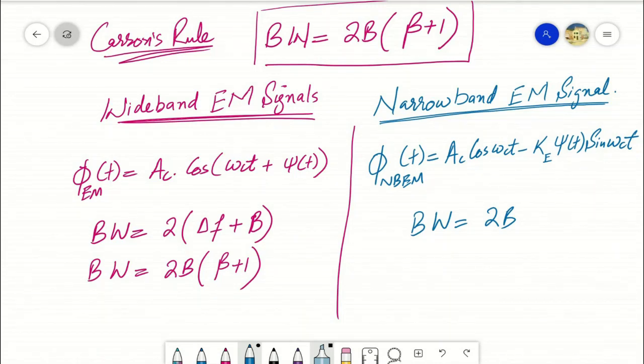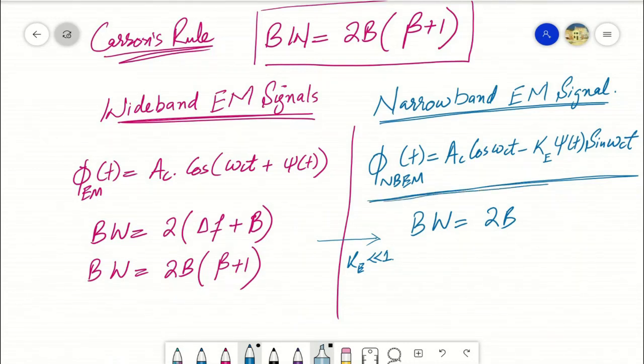The wideband exponential modulated signals converge to the case of narrowband exponential modulated signals when the scaling constant for scaling the bandwidth of such modulated signals is substituted as a very small value, that is k less than 1. This expression for narrowband angle modulated signals may appear similar to the equation which we derived for the amplitude modulated signals.